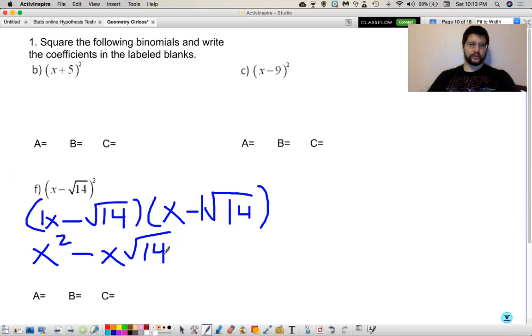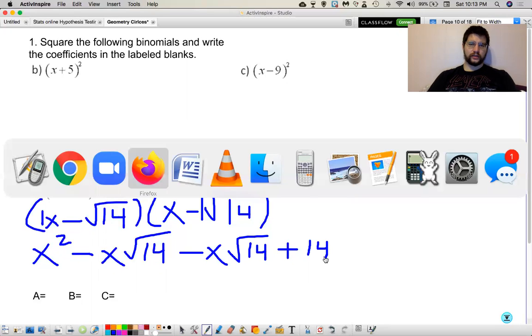We get negative x square root of 14. Same thing here, negative square root of 14 times x. That's going to be negative x square root of 14 again. And then if we multiply negative square root of 14 times negative square root of 14, we get positive 14.